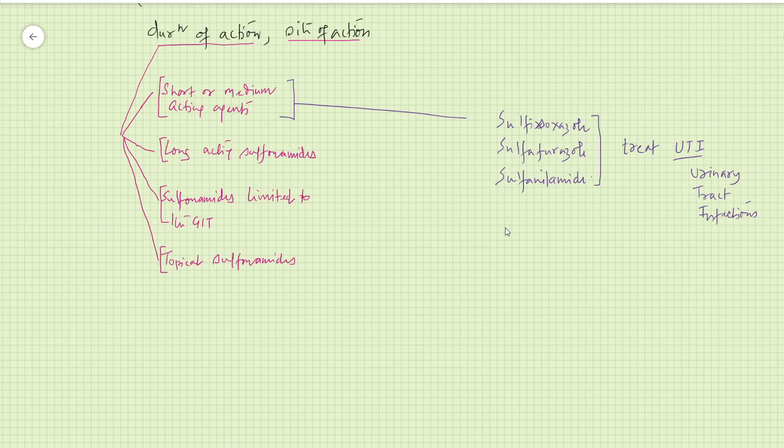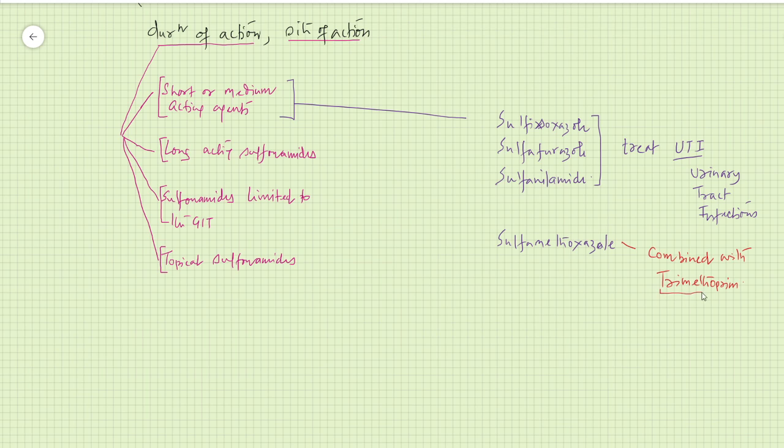There is another drug that belongs to this class, which is sulfamethoxazole. The importance of this drug is that it is often given combined with trimethoprim.